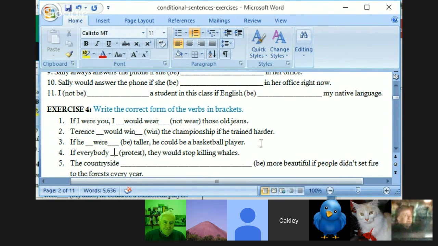Sure thing. Ken, can you try number 4? Number 4, if everybody protested, they would stop killing whales. Okay. If everybody protested. You actually think you had it right. No, you had it right.